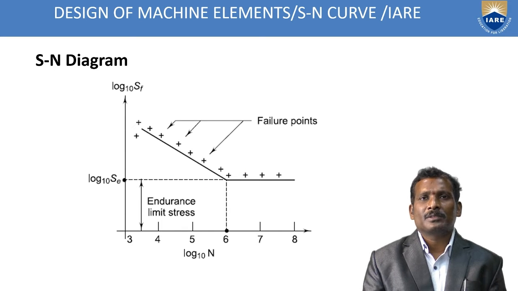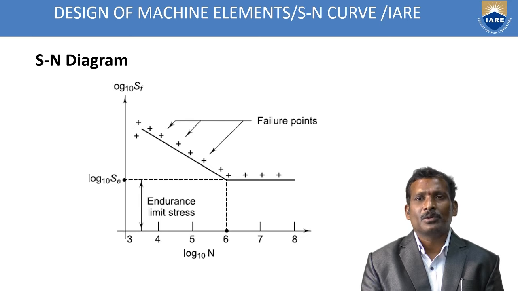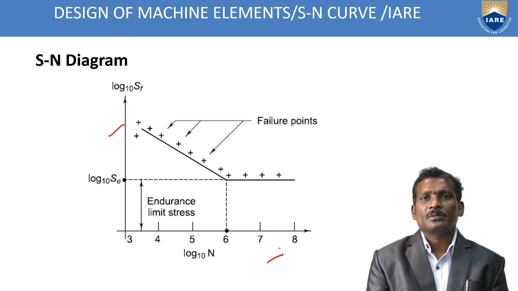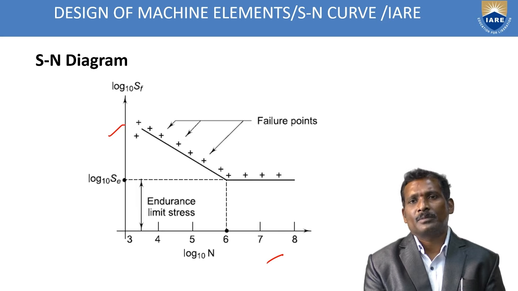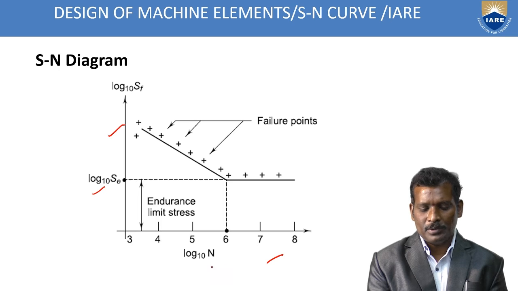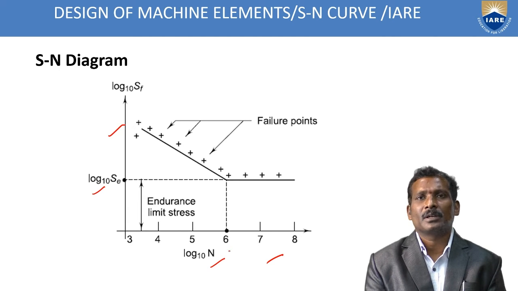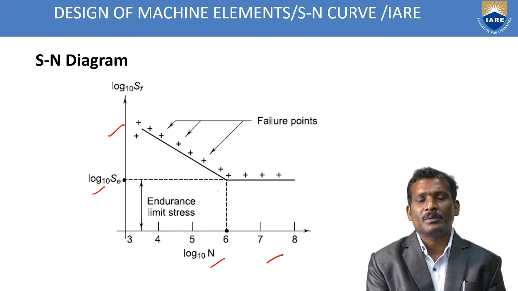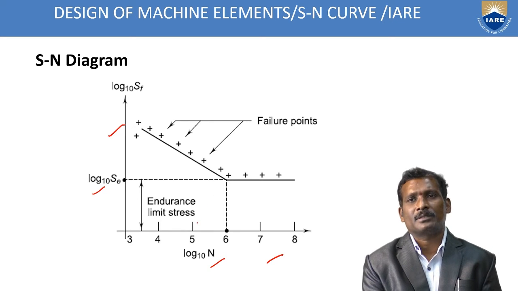See, in this SN diagram, the recorded values are the results obtained from the rotating beam fatigue testing machine. Those values are plotted on the y-axis and x-axis on log paper. Here the stress values are represented and here the N value, that is, the number of cycles to failure. Here the dotted line represents the endurance limit. This is the maximum amplitude of the repeated stress value.